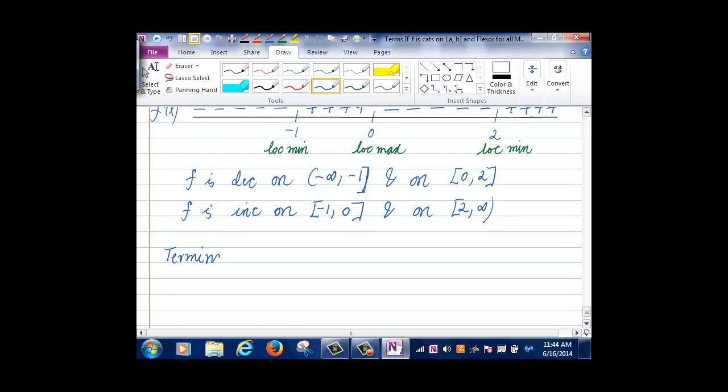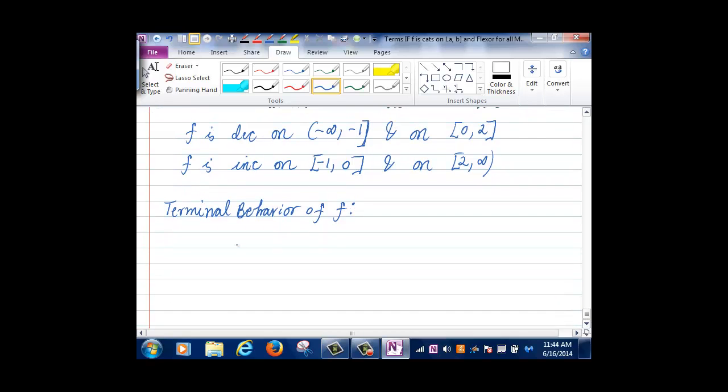Terminal behavior of f. So what I mean by that is, what is happening to the value of f as x goes to infinity? So as x goes to infinity, what can you tell me about f of x?